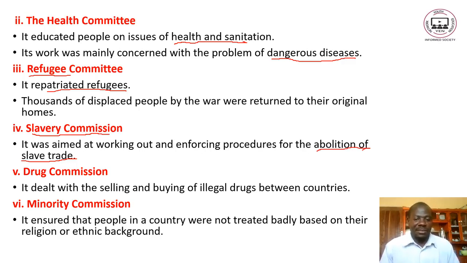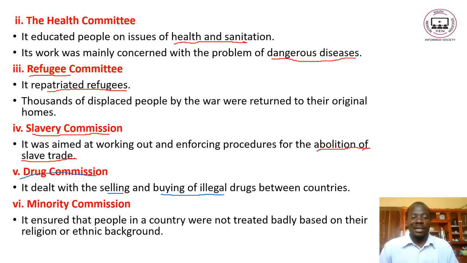Then there was the Drug Commission. The Drug Commission dealt with the selling and buying of illegal drugs between countries. This is a problem even up to now. Some people are getting very rich because of smuggling drugs. By the 1920s, it was also a big problem.